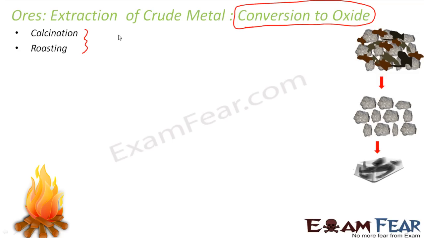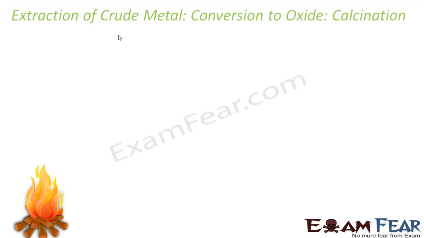Okay, so let's talk about the calcination part. Calcination is, again, you need heat, and it is the removal of the volatile fraction. So we try to remove the volatile fraction from the ore.